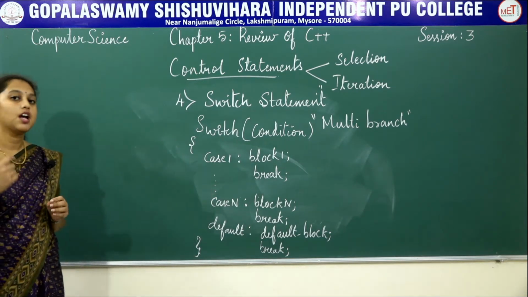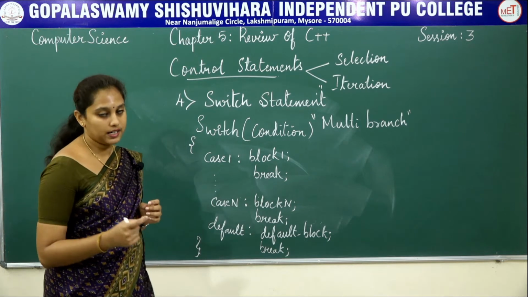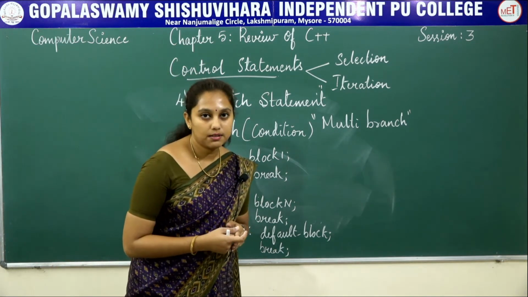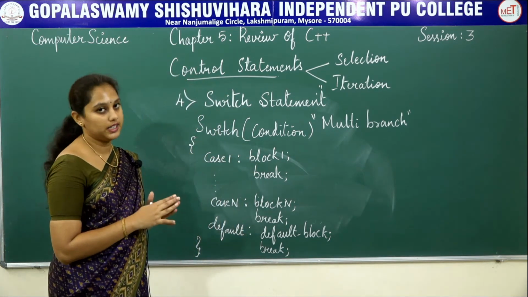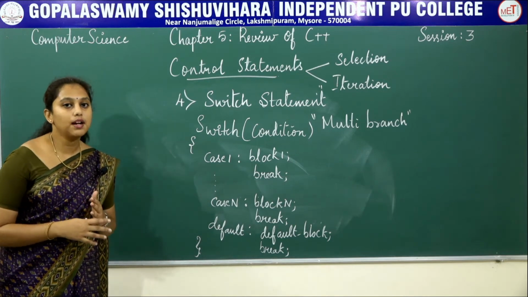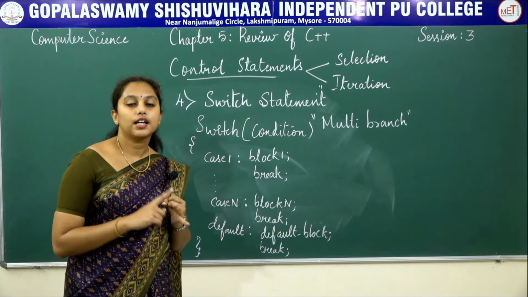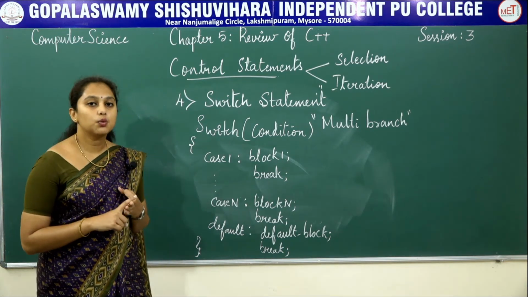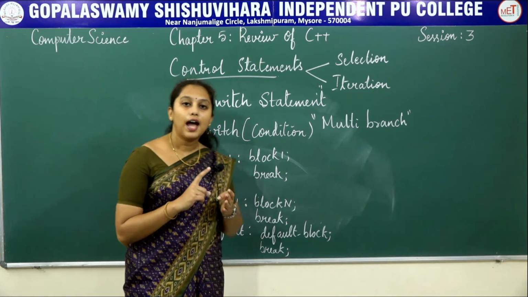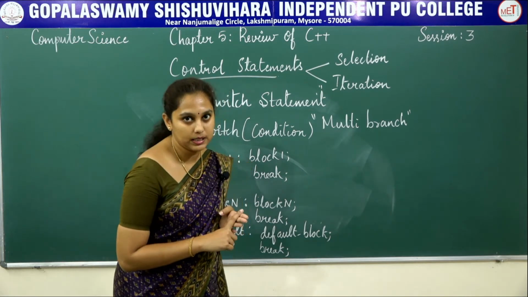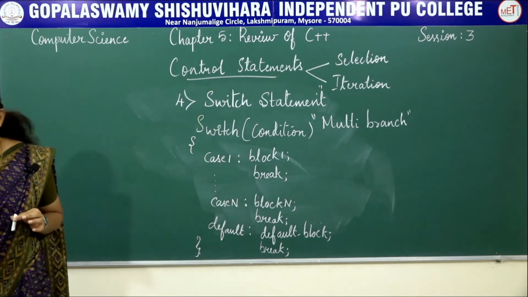Selection statement allows us to select a statement or a set of statements based on some condition. In selection statement there are 4 types. First one is if statement, second one is if else, third one is nested if, and fourth one is switch statement.